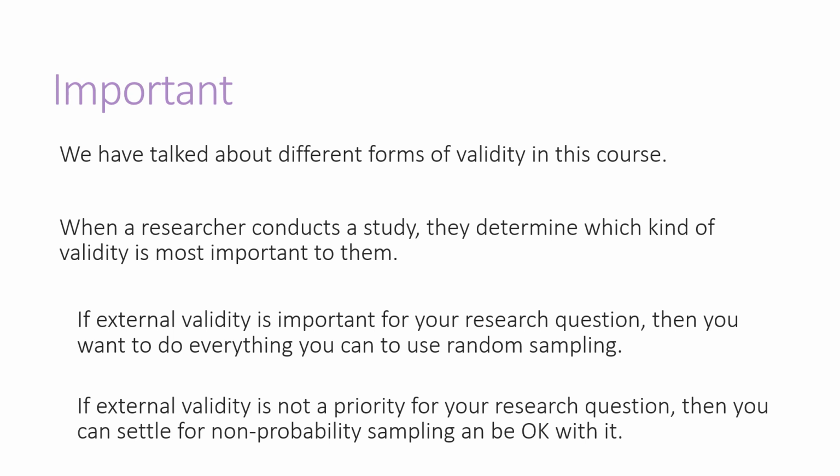If external validity is important for your research question, then you want to do everything you can to use random sampling, given that you're giving it the highest priority. However, sometimes in research, external validity is not necessarily a priority, in which case you might be more likely to find non-probability sampling and be okay with it.